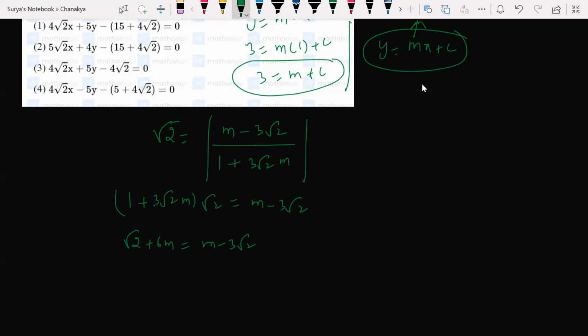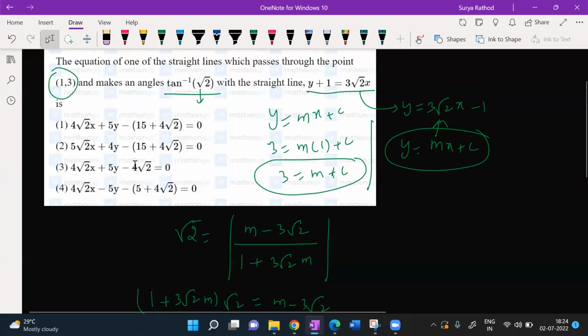Now, what is the m value from this? Tell me the value of m. Jaffer, you have given the answer. What is the answer, Jaffer? Option A. Option A is the right answer.